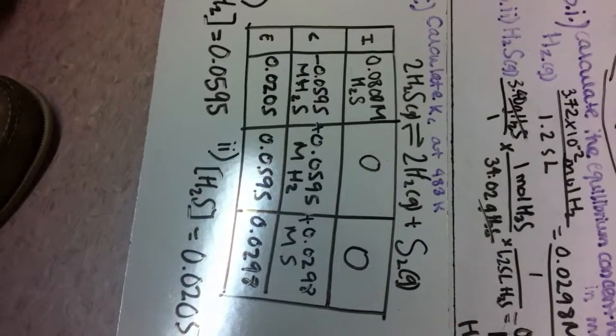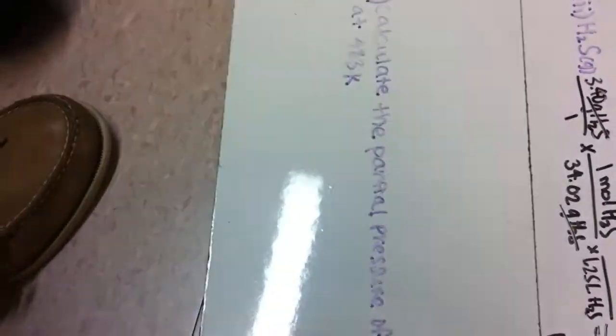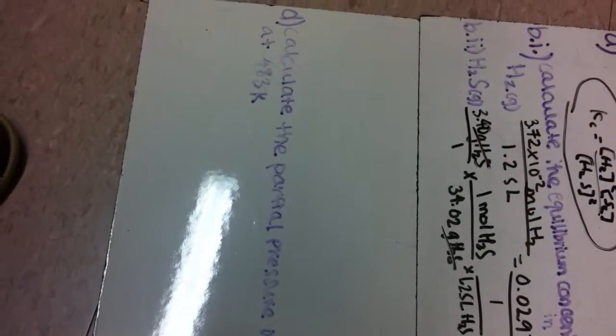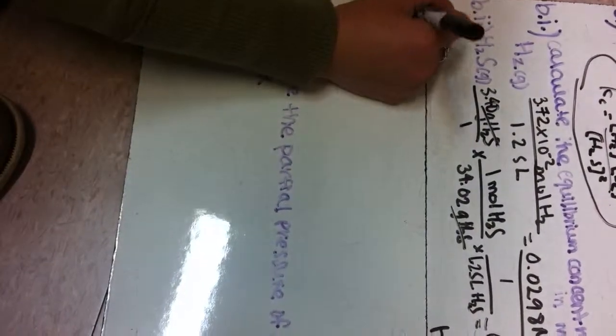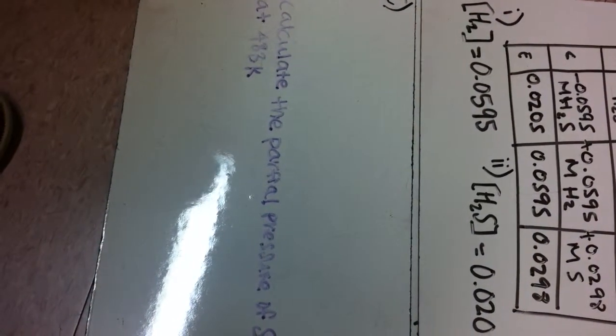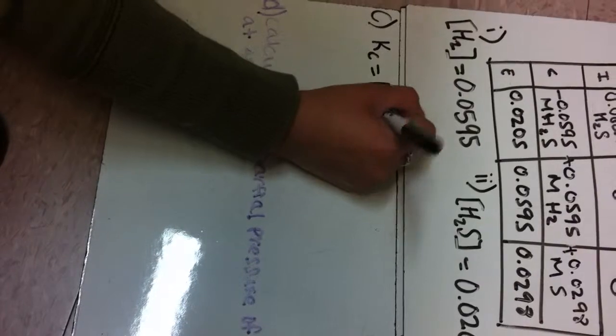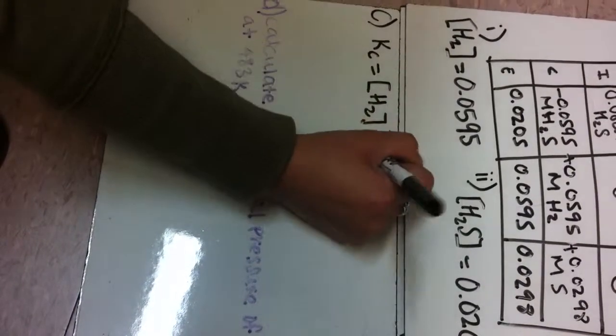Number C, calculating the Kc at 483 Kelvin. We would simply plug in our values. We know from part A that Kc is equal to this equation.